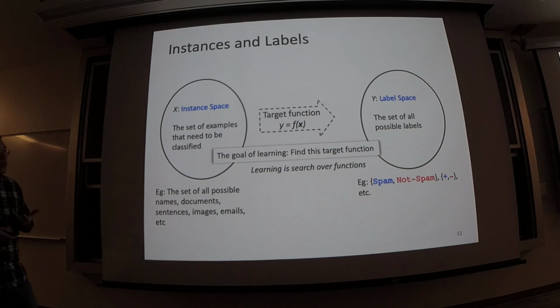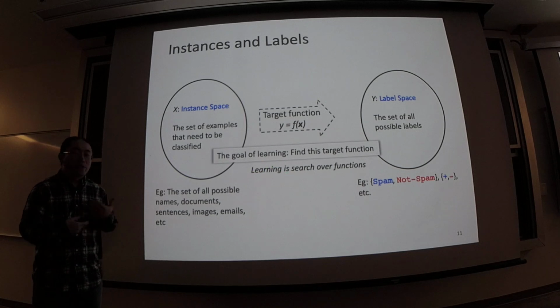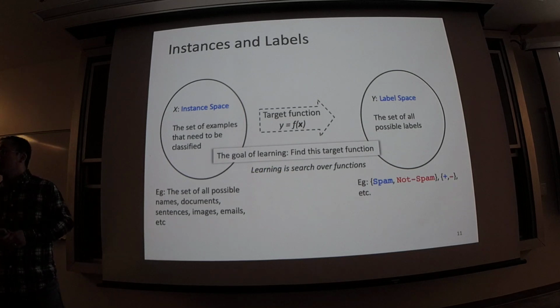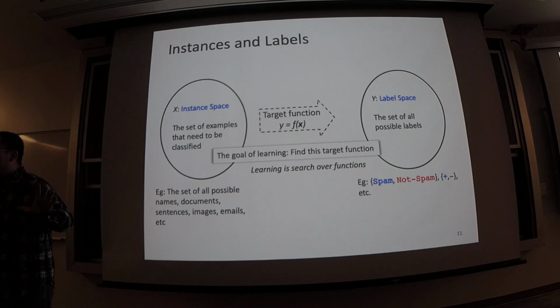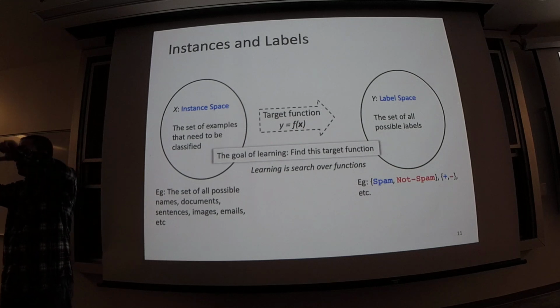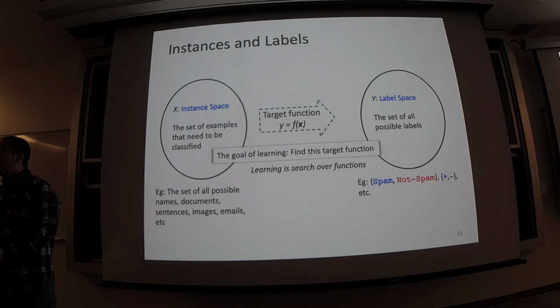The learning procedure is essentially a search procedure over functions. So in many supervised learning algorithms, I indicate the family of candidate functions, then search over this candidate function family and find the one which I believe is closest to the target function, or is the target function.